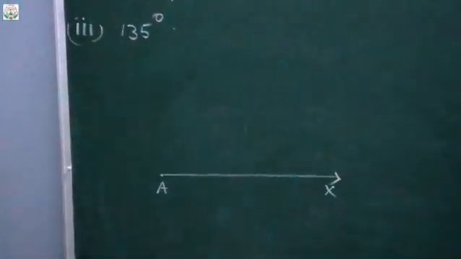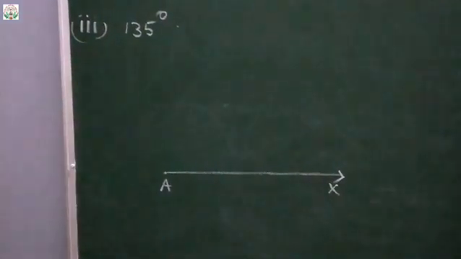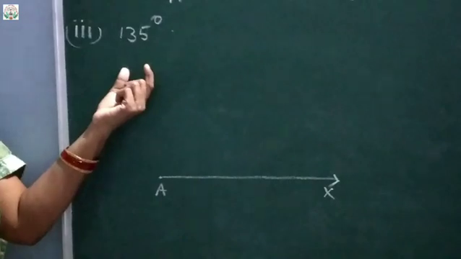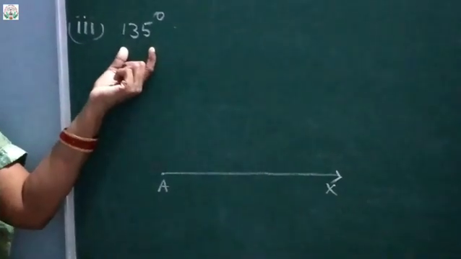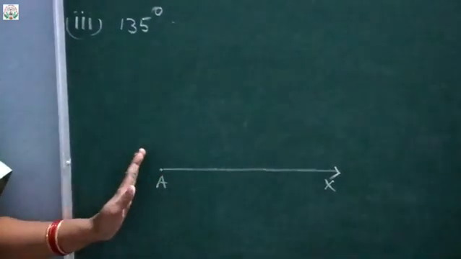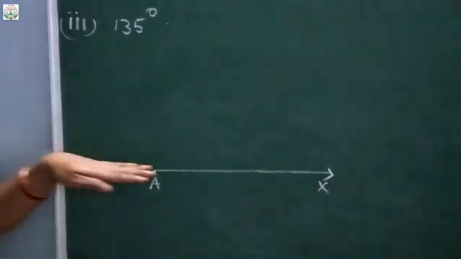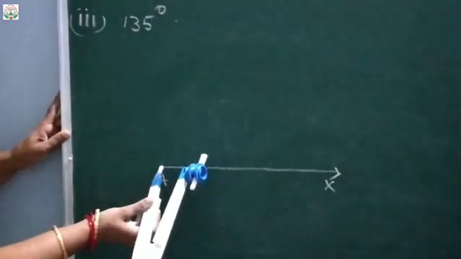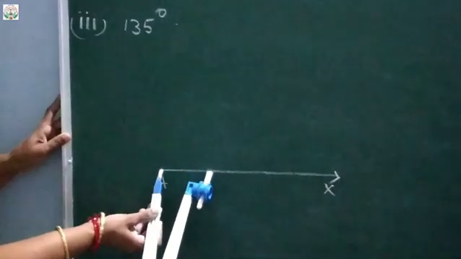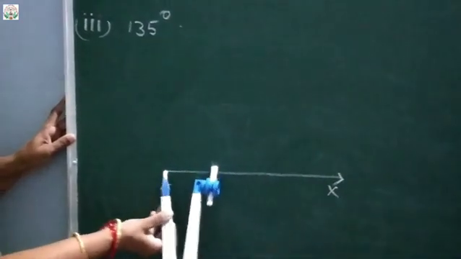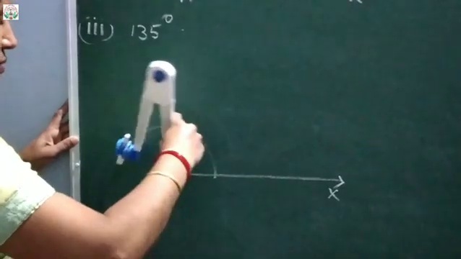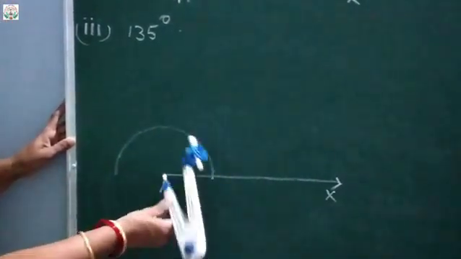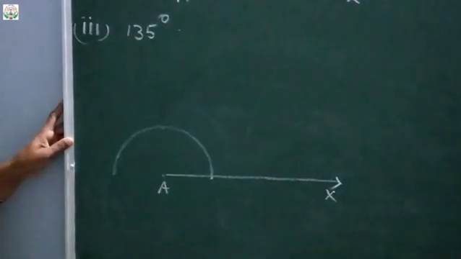At the initial point again draw an arc, because 135 is the midpoint of 90 and 180. 180 means a complete semicircle, we know that. So now at A, keep the rounder and draw a semicircle. A semicircle is 180 degree, we know. Right? This is your semicircle.